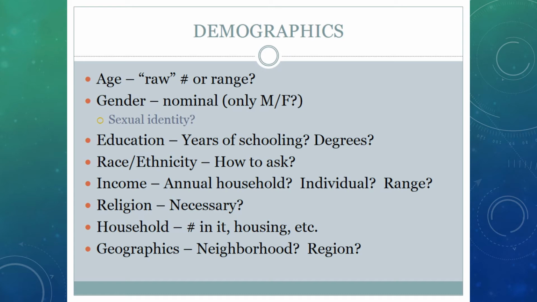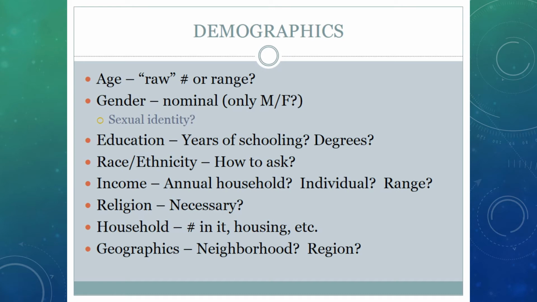So there's a hierarchy. Let's say we're giving this survey to adults, so everyone has to be at least 18. So we've got an age range of 18 to 25, 26 to 34, 35 to 50, 51 to 65, and over 65.